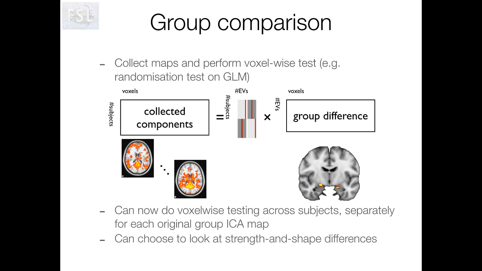So in the example on this slide, we are encoding a t-test where each EV represents one group, and if we had a contrast of 1, -1 applied to this design matrix, we would get results which tell us where there was a significant increase in strength of this specific component in our first group relative to our second.